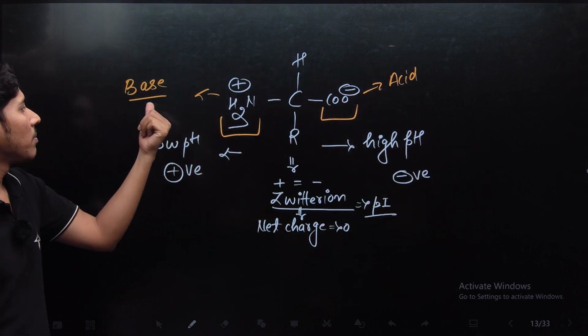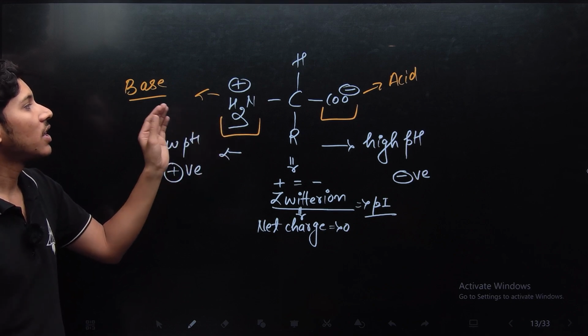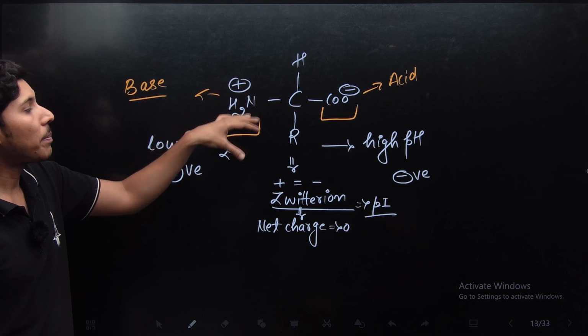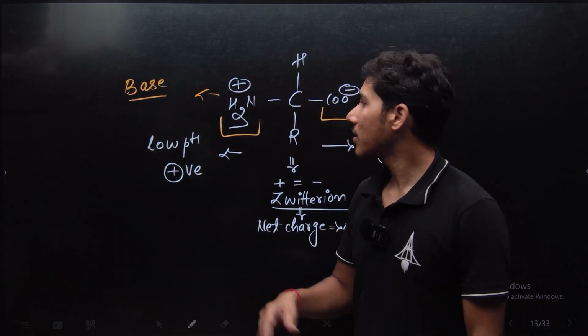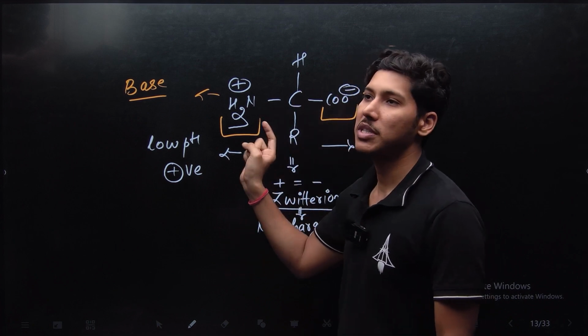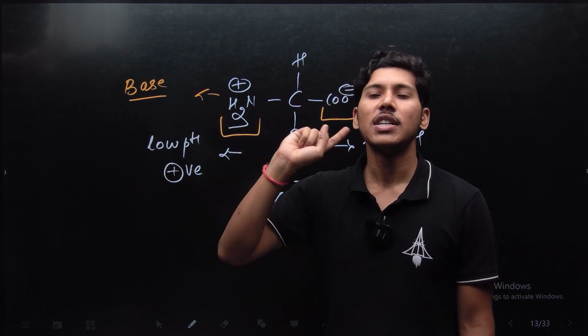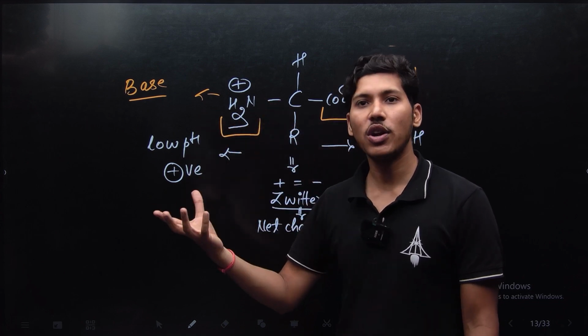In acidic pH, the base will show its basicity more often, because a base tends to accept H plus ions, and it will only accept H plus ions if there are plenty of H plus ions in the surrounding environment.